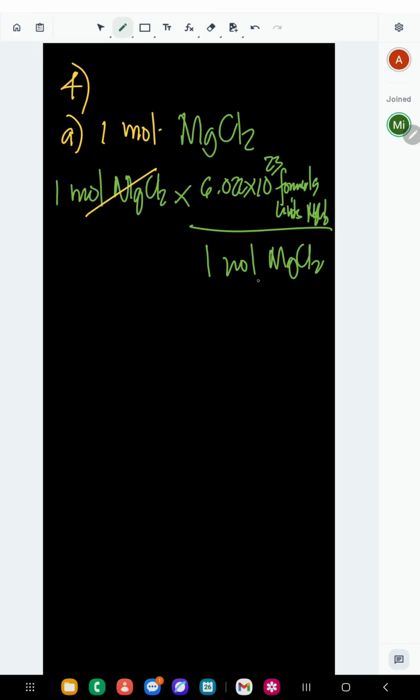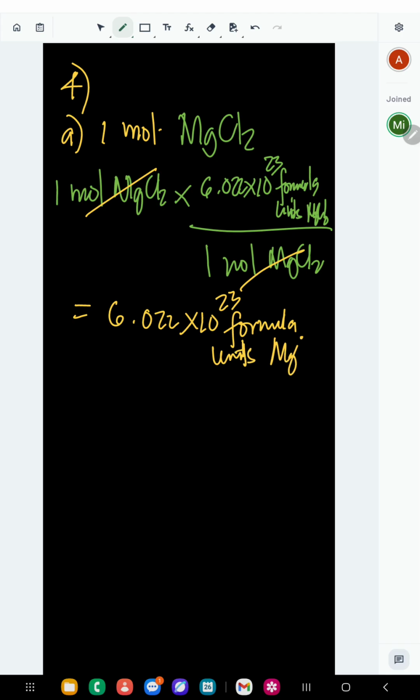Then the mole unit cancels out, so this is just 6.022 times 10 to the 23rd formula units of MgCl2.